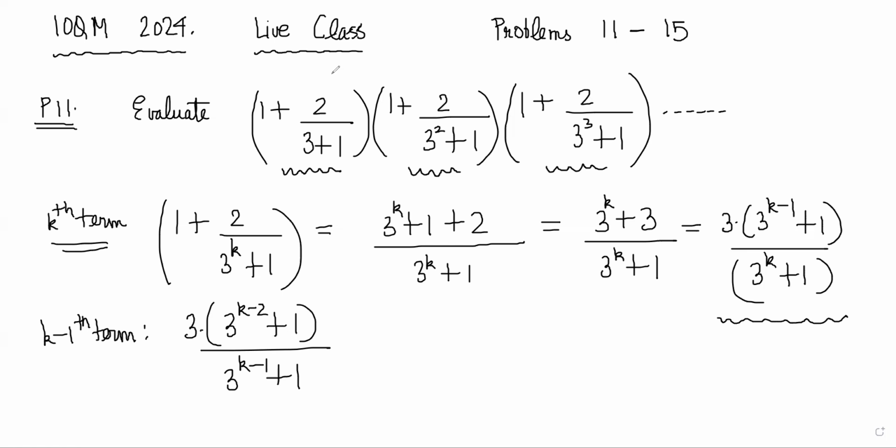And what will happen when you multiply? It will become a telescoping series sort of a situation where the numerator here gets cancelled by the previous denominator, right? This numerator would have gotten cancelled by the previous denominator. So what happens when you simplify this is it starts looking like this.